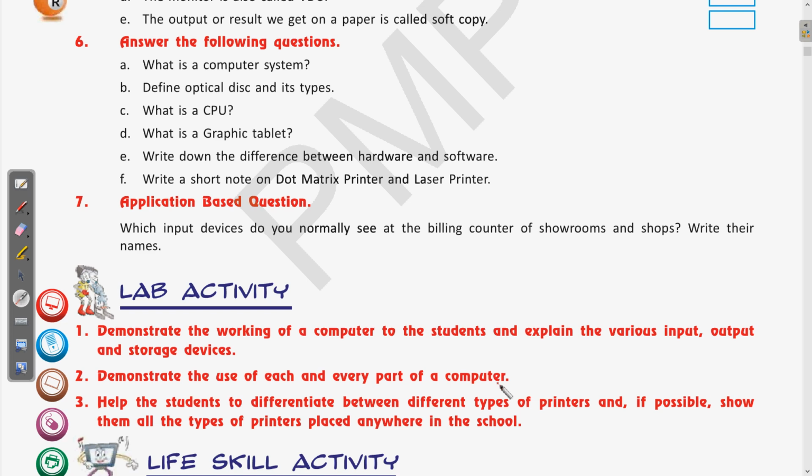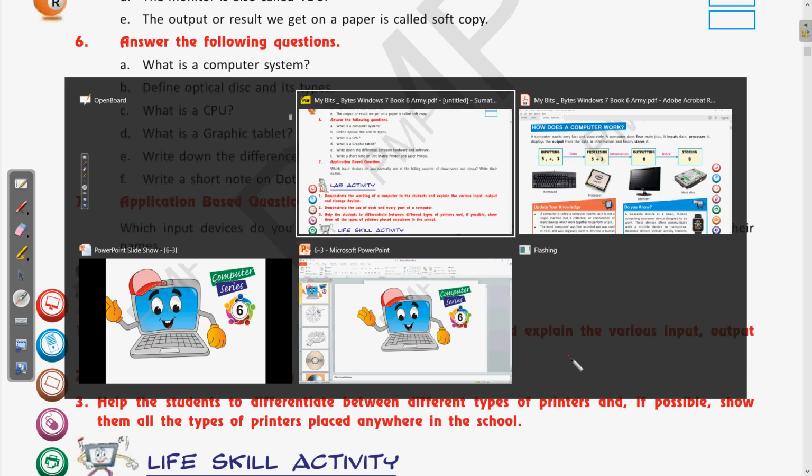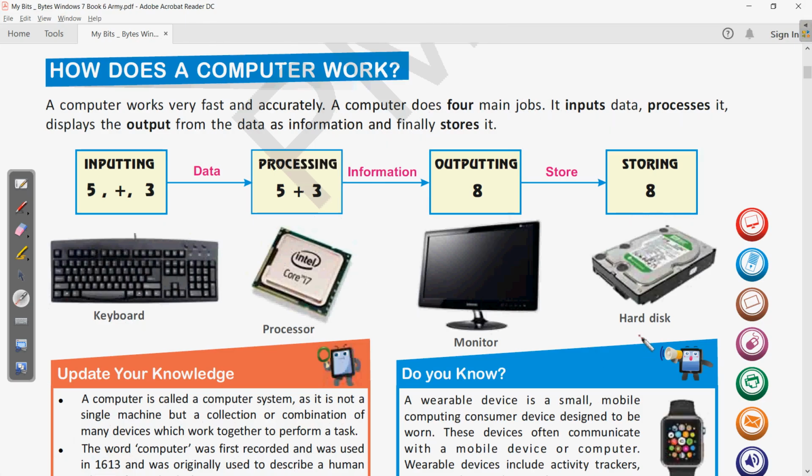So this also we have discussed. Then next, we have to differentiate between different types of printers, and you have to show the different printers placed anywhere in school. So in the chapter itself, we have seen the different types of printers, that is dot matrix, laser and inkjet.